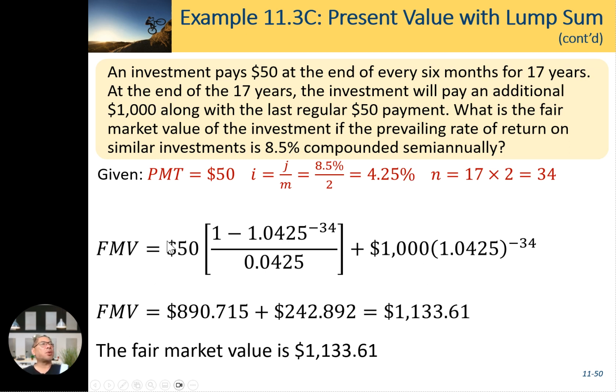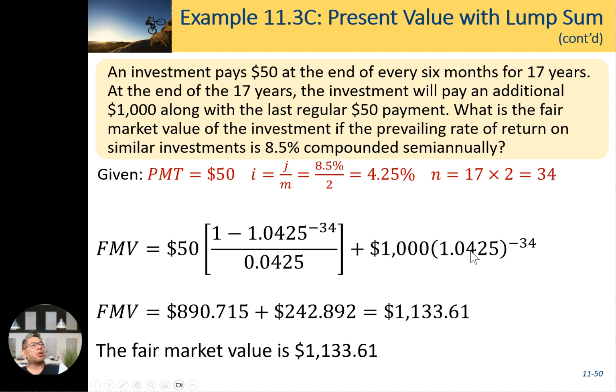So the first calculation here, you got 890.17. The second one you got 242.892. Your total is 1133.61. So guys, in this particular problem, we have two components. The first one, you need to look at the present value of the annuity here.